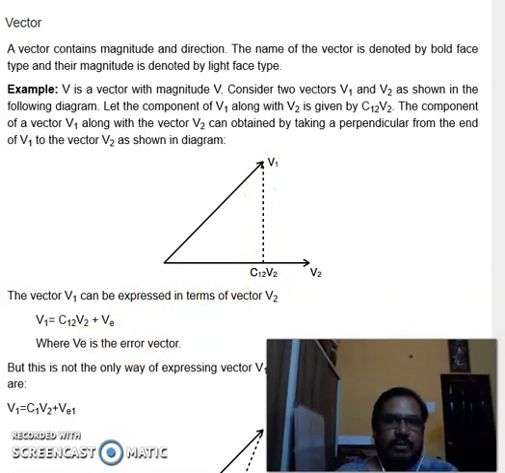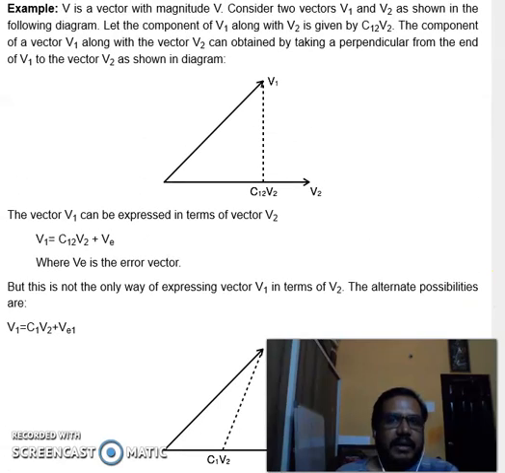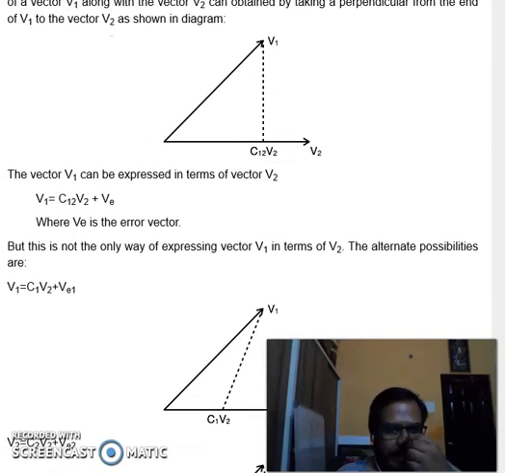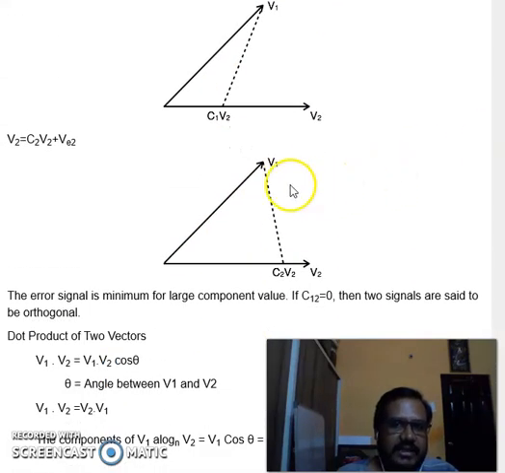Okay, now there may be an argument: why should we take the error vector in the perpendicular direction, why not in a slant direction like this, or why not in a slant direction like this.